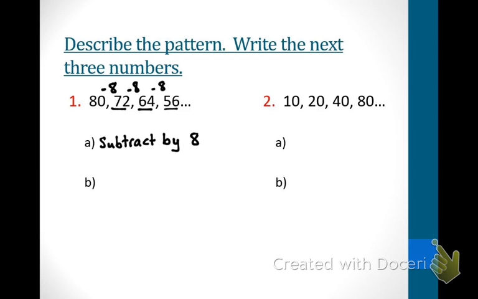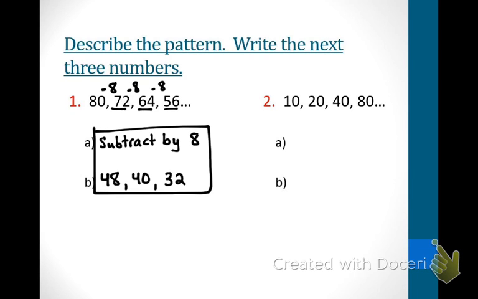So help me out, Kyla, what are my next 3 numbers in the pattern? Very good job. And that is how you find the pattern and give me the next 3 numbers. Excellent job. On to Michael.